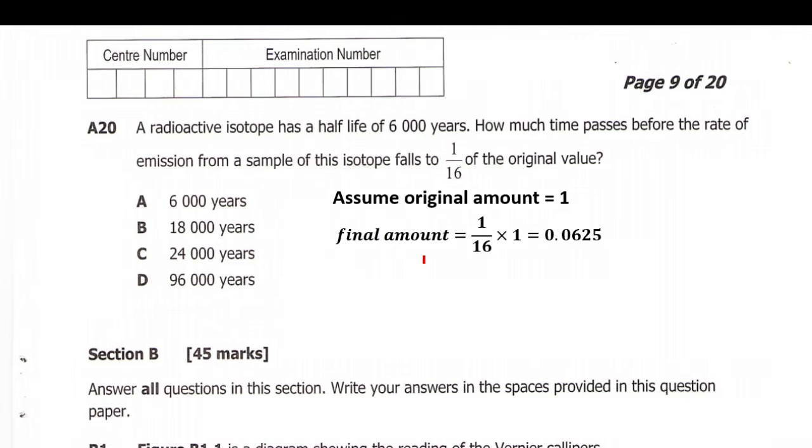The final amount will be 1/16 of what was there, which is 0.0625. This is gotten from 1/16 times the original amount of 1, which gives 0.0625.